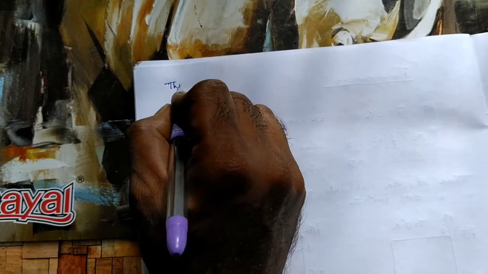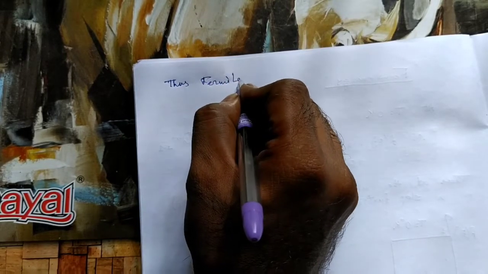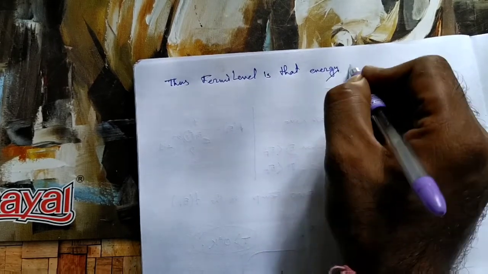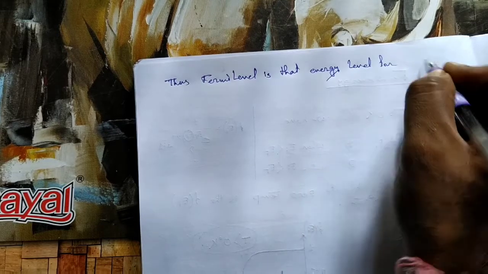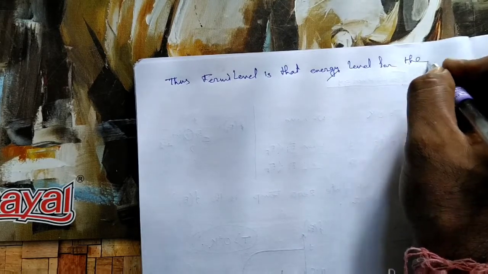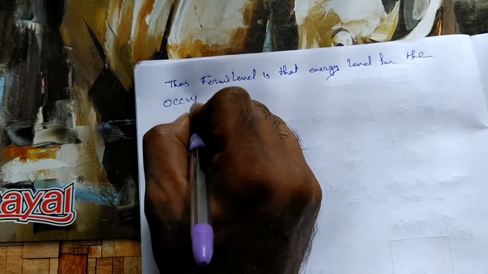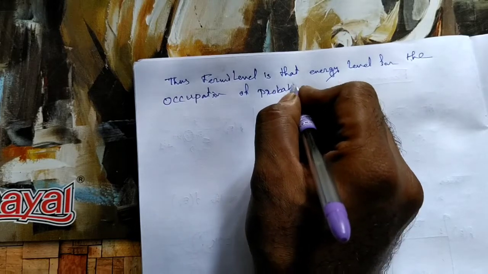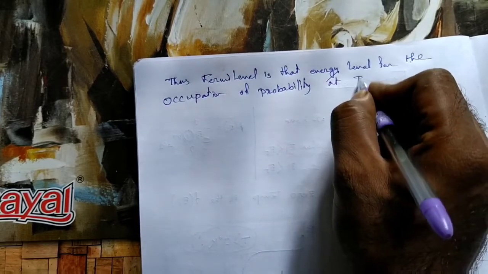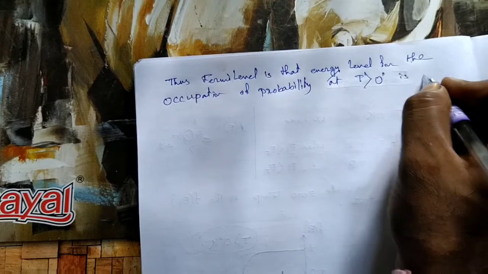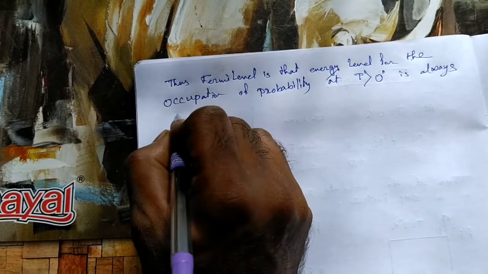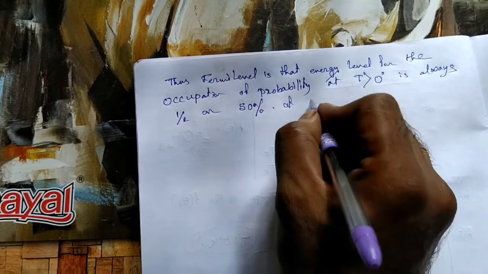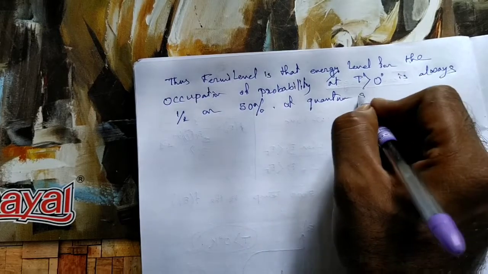That means the Fermi level is that energy level for which the occupation probability at T greater than 0 degrees temperature is always half, or 50% of the quantum state.